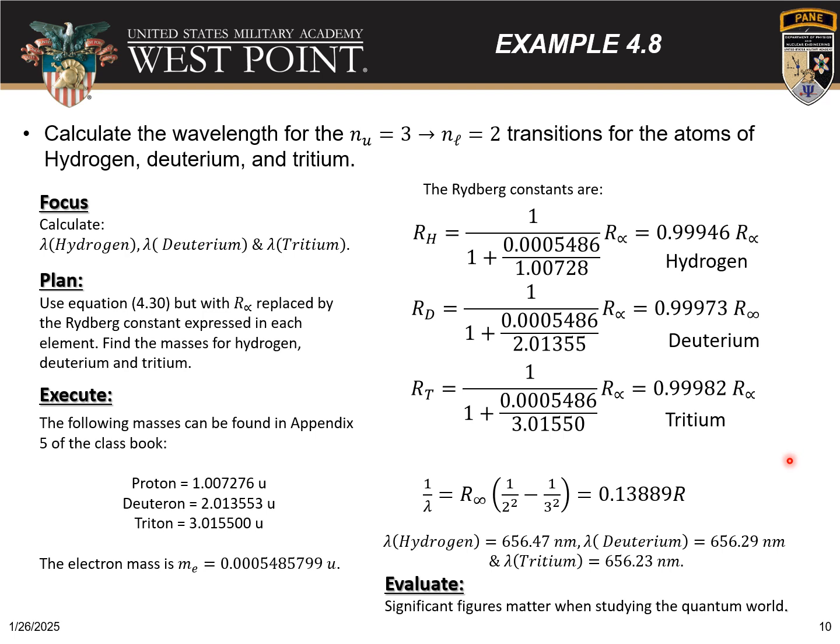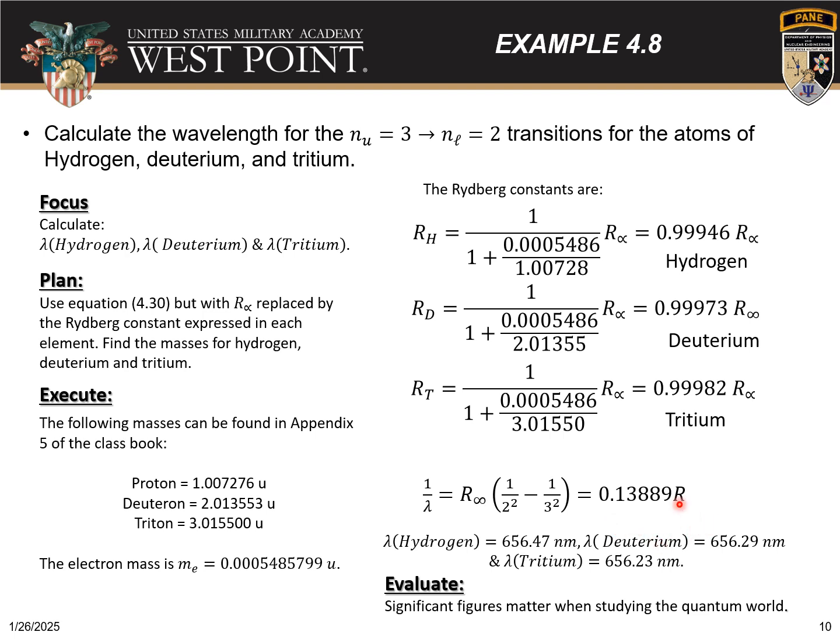Using that constant, we can find the wavelength going from the stationary state of the third orbit to the second orbit, and we find that it is almost 13% of the Rydberg constant.